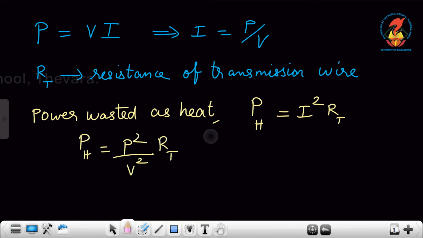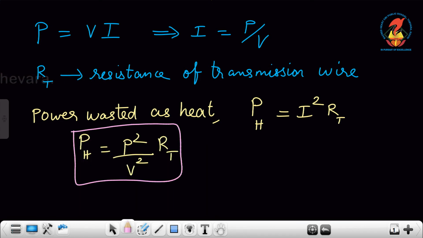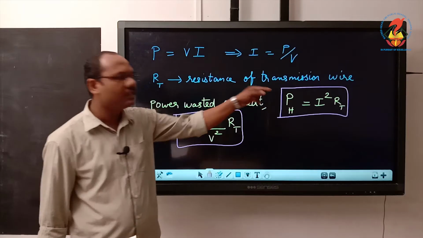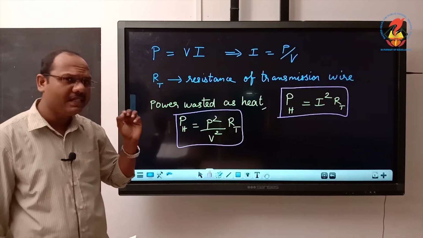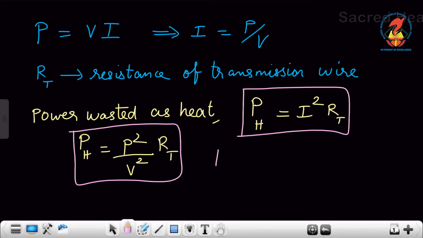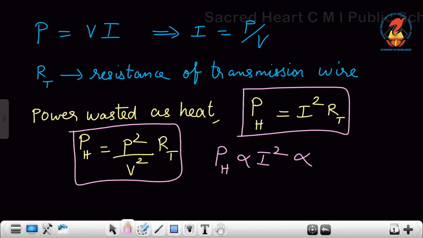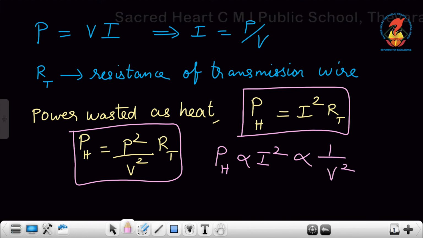Now look at these two equations. From these two equations, it is very clear that power wasted as heat is directly proportional to I square, but inversely proportional to V square.